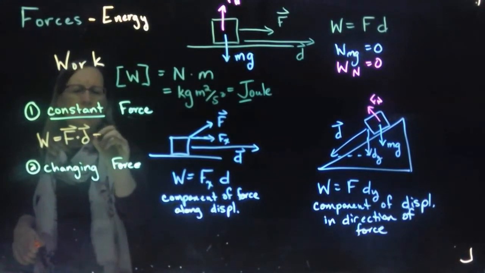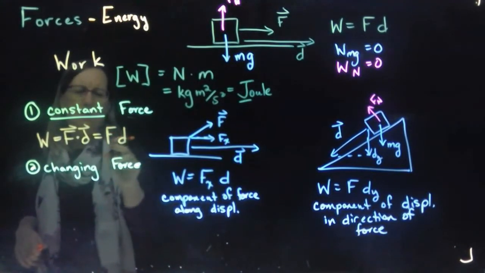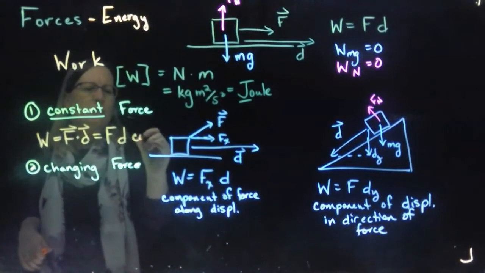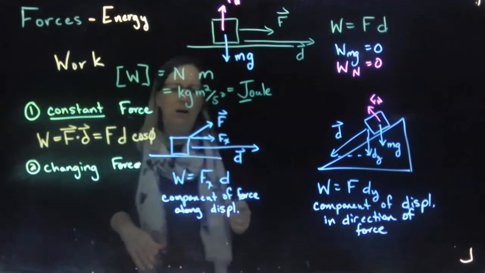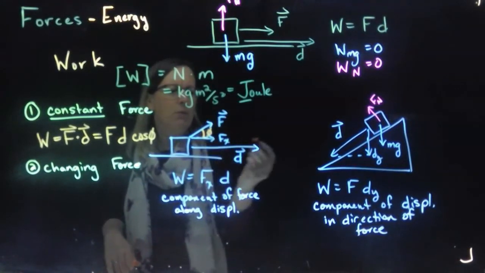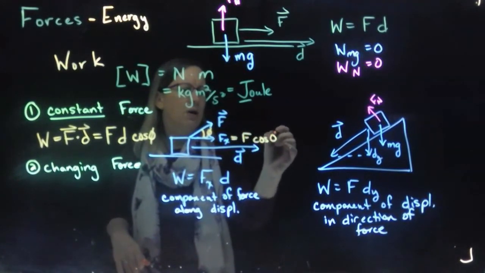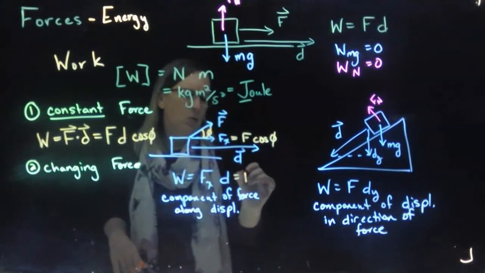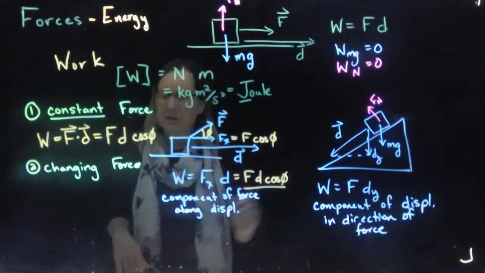And if you remember, our dot product is the magnitude of the force times the magnitude of the displacement, these two vectors, times the cosine of the angle between them. So let's check to make sure that agrees with what we have. So here's the angle between them. Notice that Fx is equal to F cosine of the angle. So that could equal F times d times cosine of the angle. Yep, that's a dot product.